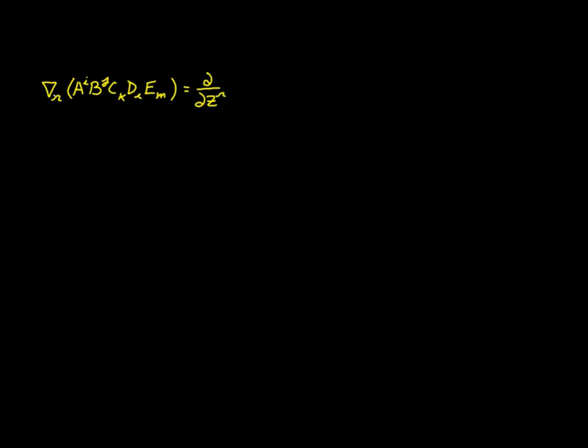R is the index we're using for the covariant derivative, and that's going to apply to the entire expression unaltered. So it's just going to be the partial derivative of A^i, B_j, C^k, D_i, and E^m like this.